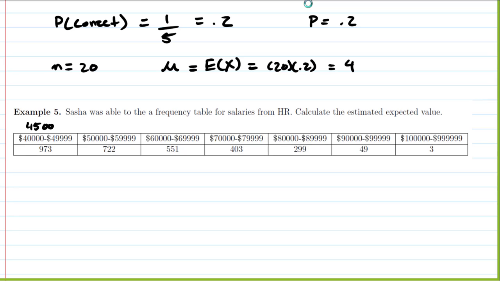So 45,000, 55,000, 65,000, 75,000, 85,000, 95,000, and then the last bin is bigger than the other ones. It goes from 100,000 to 1,000,000. So the midpoint of that would be $550,000.